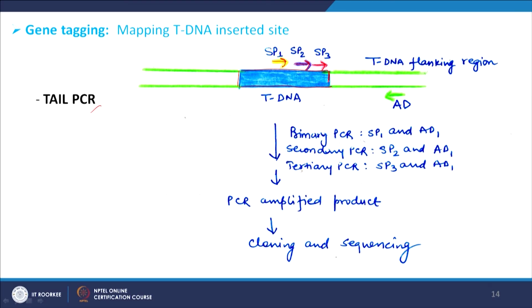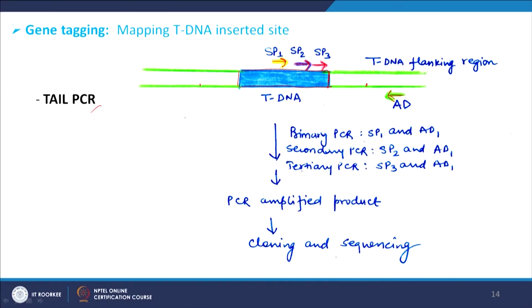Let us assume this is integrated in the plant genome, and then you can design arbitrary primers here. These primers are not very specific; they are more like random primers.